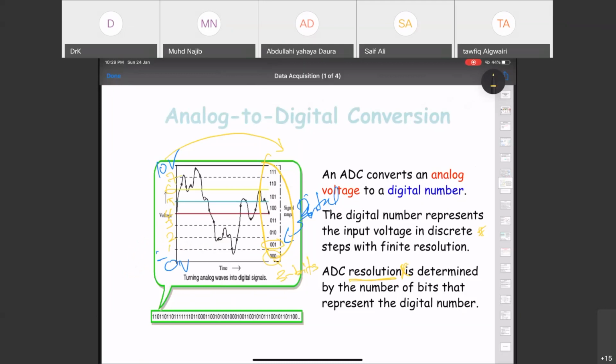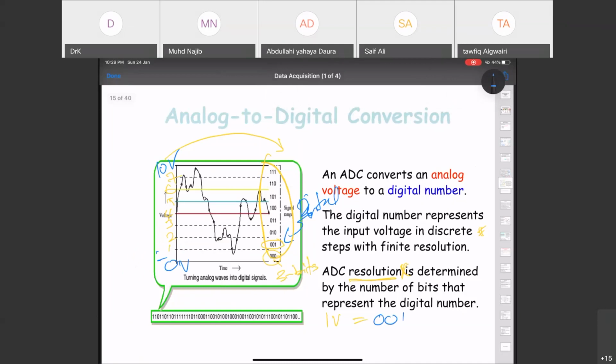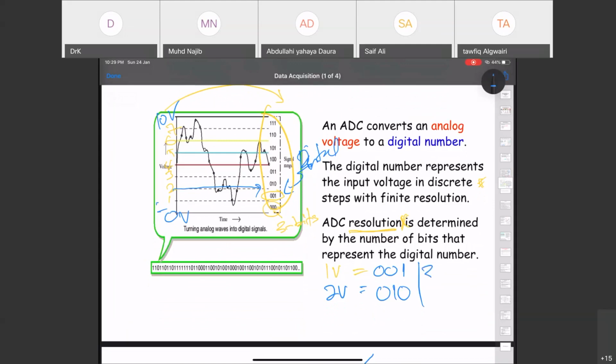So now, if I pick from this diagram, I have 1 volt represented by 001. If I take 2 volt, I am going to get 010. If I have 3 volt, I will get 011.